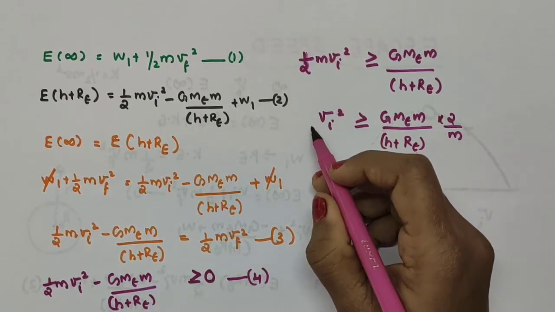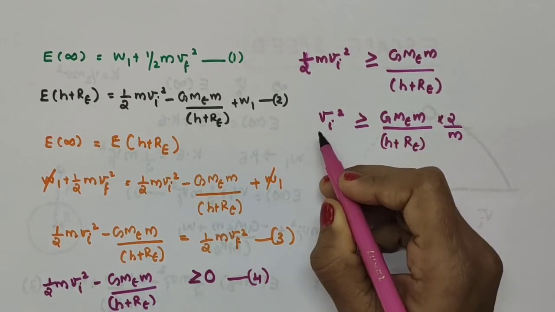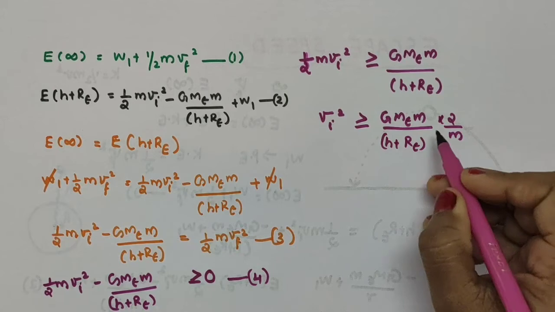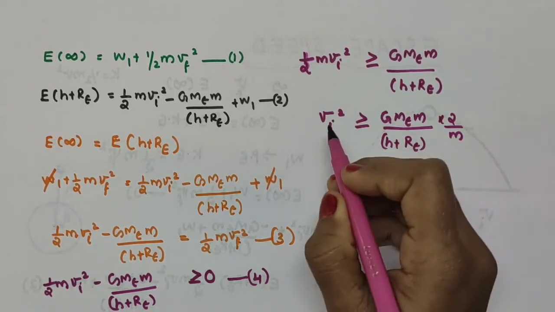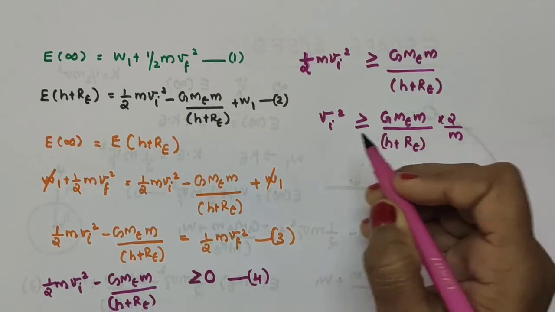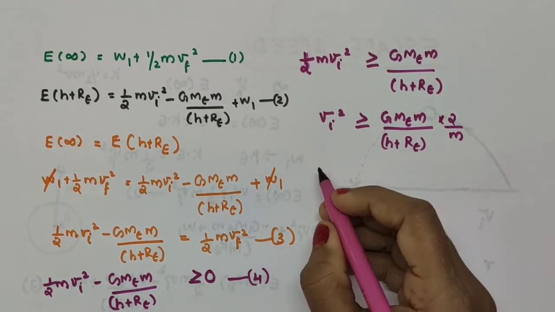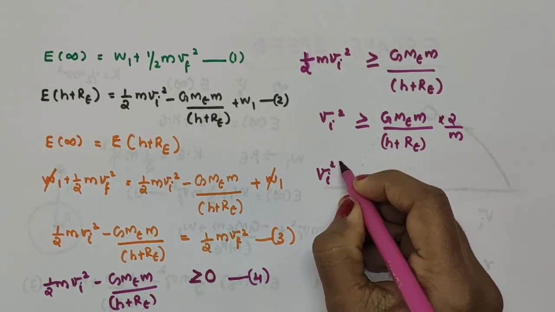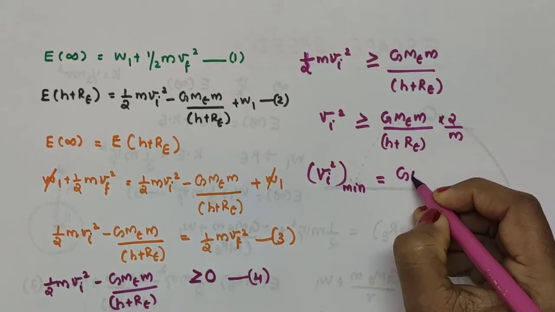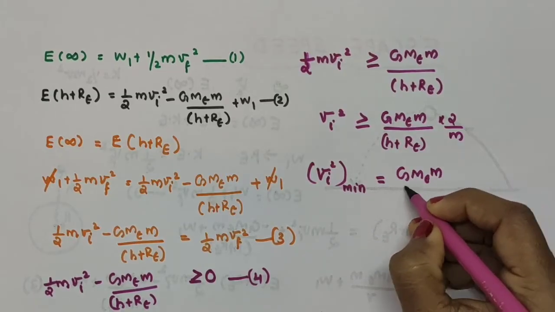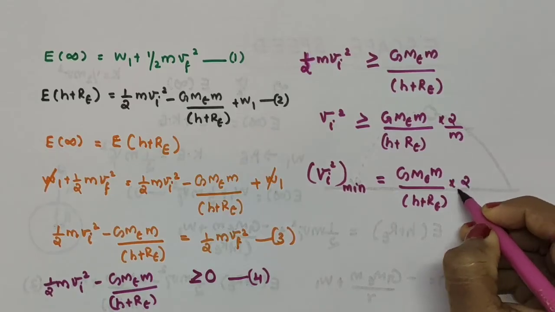This implies that vi square can be equal to this or greater than this. So the minimum value of vi corresponds to the case when vi square is equal to this. Its minimum value is GME m divided by H plus RE into 2 by m.